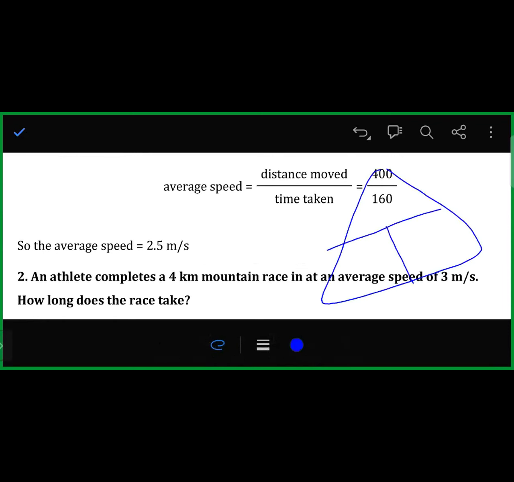Please write it in your notebook. Distance here on the top of the triangle, in the base, speed v, time t. We need time here. So time equals distance divided by speed.